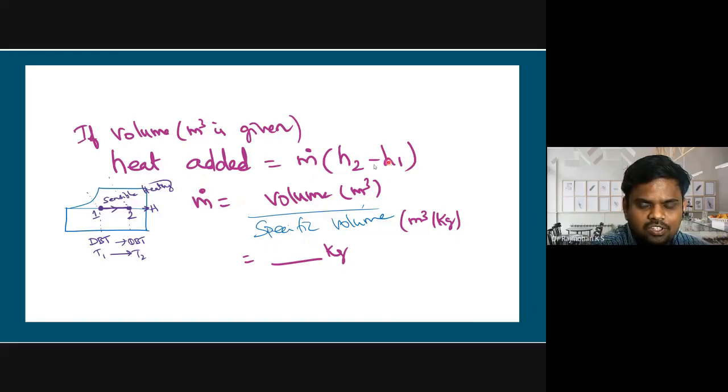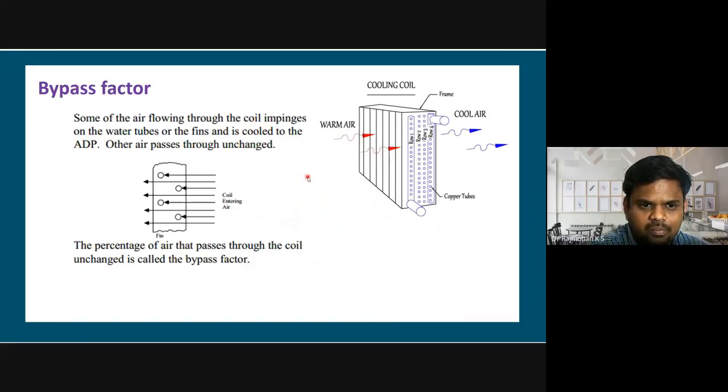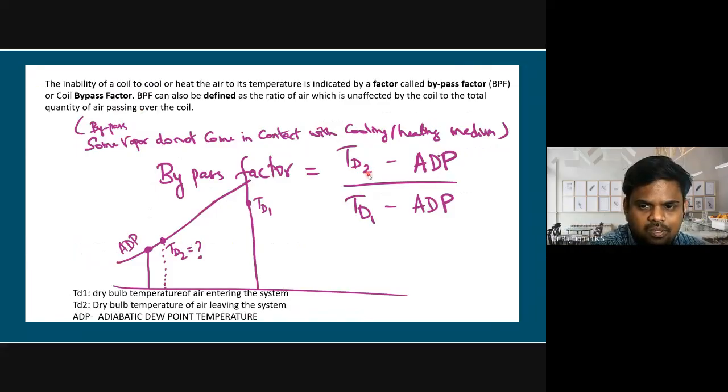H1 and H2 are enthalpy values, which can be taken from the psychometric chart. Another factor is the bypass factor, which is defined as the dry bulb temperature minus adiabatic dew point divided by dry bulb temperature minus adiabatic dew point. So these are two points, 1 and 2. So we can find out the bypass factor. This formula is used. Okay.